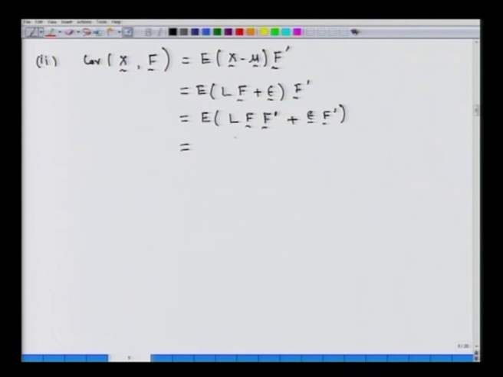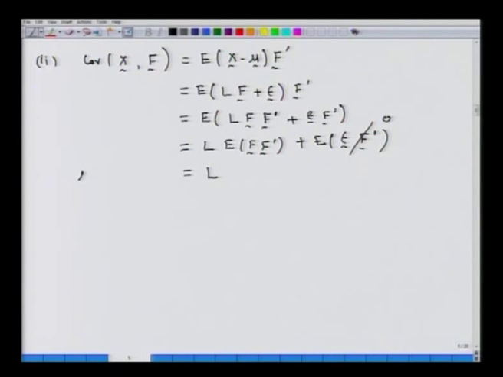As before, this will only be in terms of the expectation of the f vector multiplied by its transpose, plus the expectation of the epsilon vector multiplied by f transpose. This is the covariance between epsilon and f, which is equal to 0, so this is a null matrix. And by the assumption that f has an identity covariance structure, this is just equal to L.